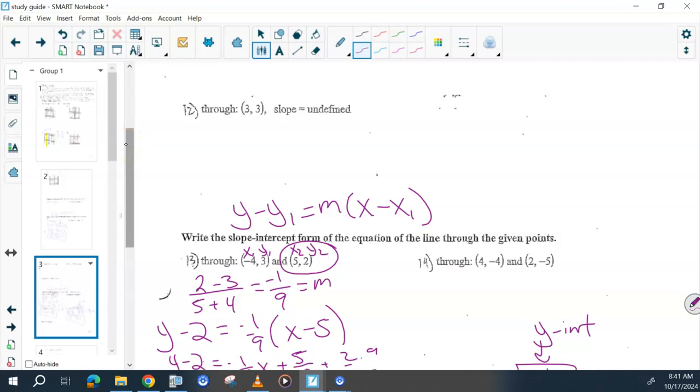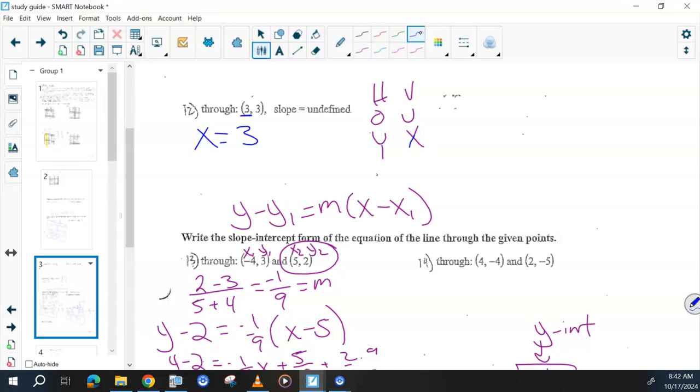So with 12, because we have a slope that's undefined, something that's undefined is going to be something with our Hoy-Bucks. What type of line is that going to be? Vertical, so x or y? X. And then I'm going to look at my x value and write that down. There is no work to do when you have an undefined slope.